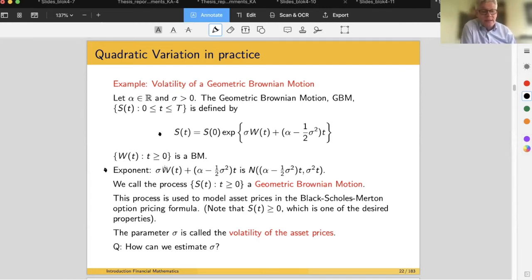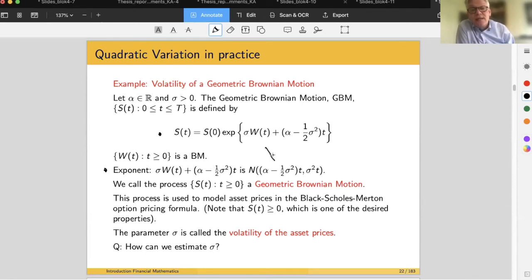And the expectation of the Brownian motion is 0, as we know. Then the expectation of this whole expression is equal to this deterministic shift, (alpha minus 1/2 sigma squared) T.